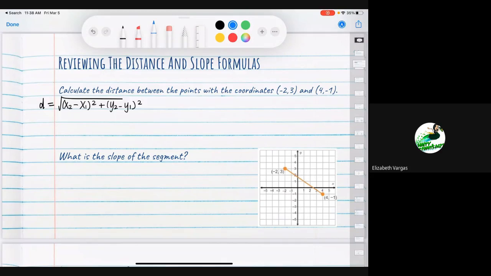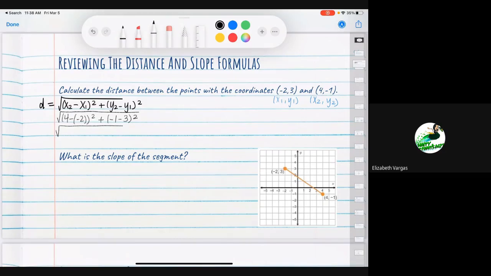And where do we get x2, x1, y2, y1? Well, you do it like this: x1, y1, x2, y2. And so now you can go ahead and put those in. That would look like (4 minus -2) squared plus (-1 minus 3) squared, and then you just go ahead and simplify.